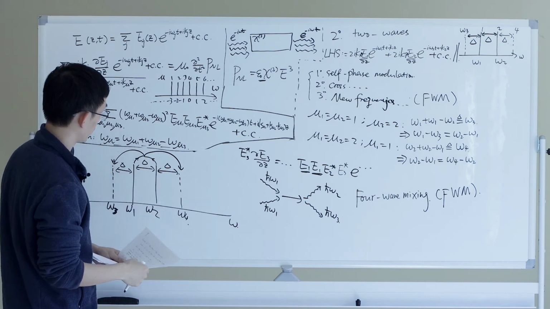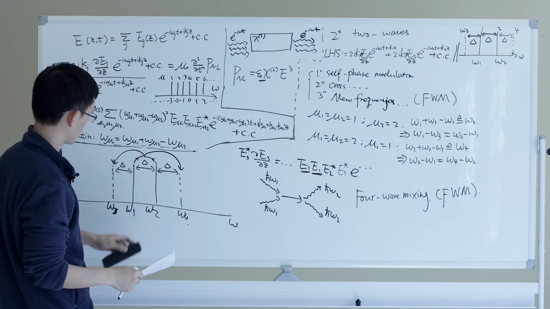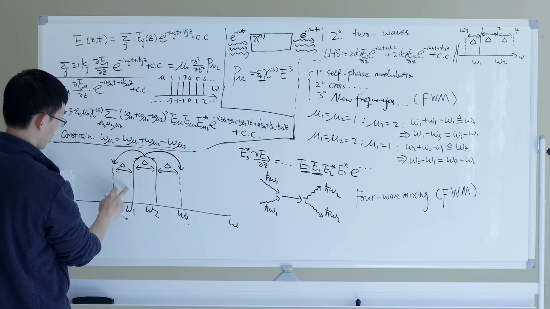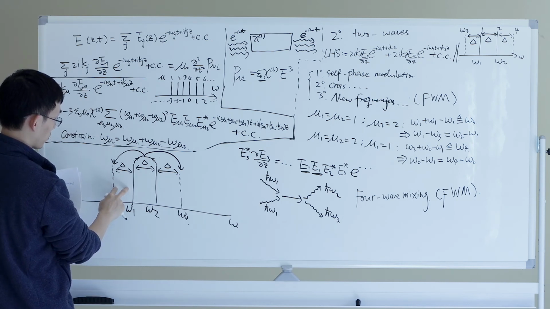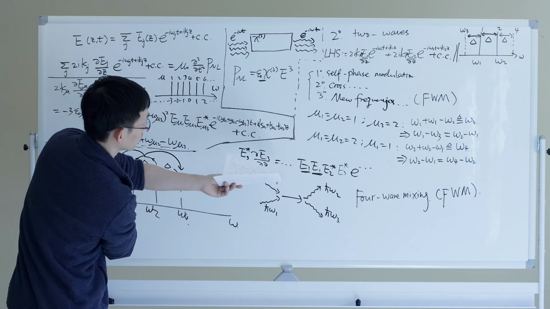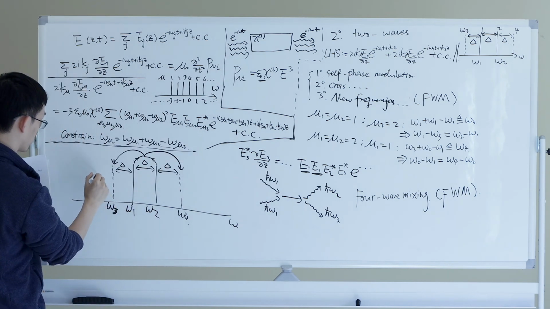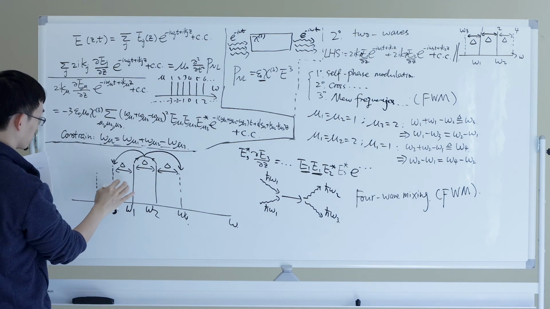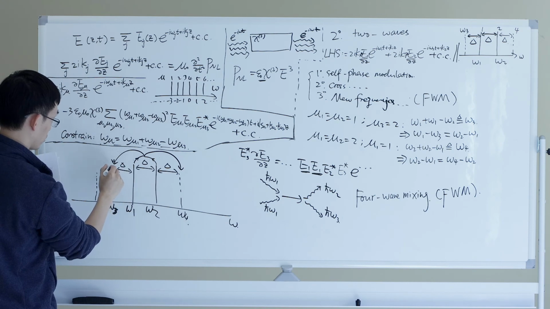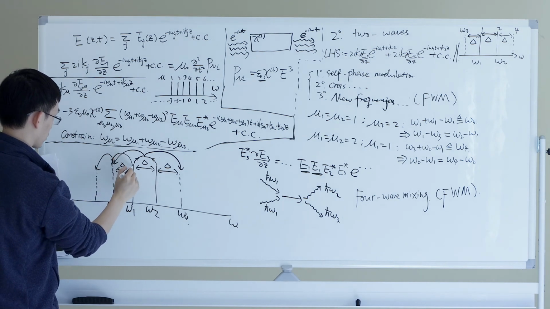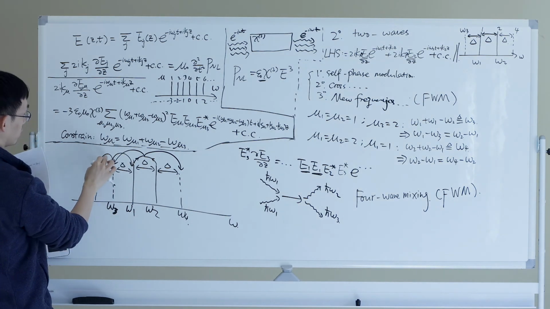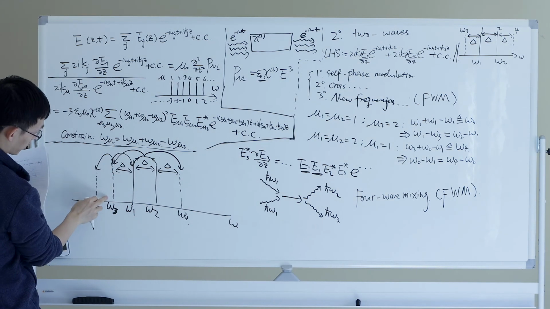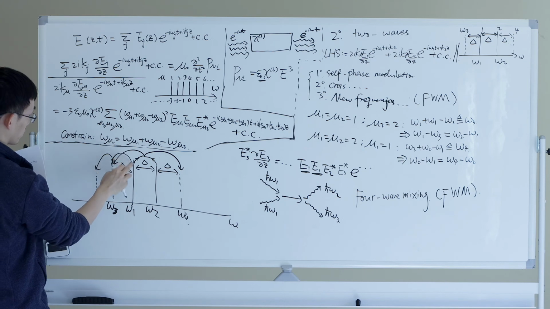You can also imagine these two waves doing the same thing as this process and generating another wave here. Two of the photons are taken out from omega 3 and then generate another frequency.